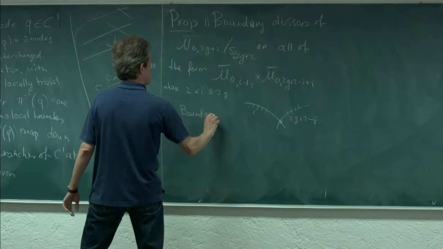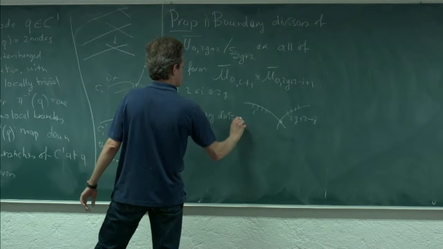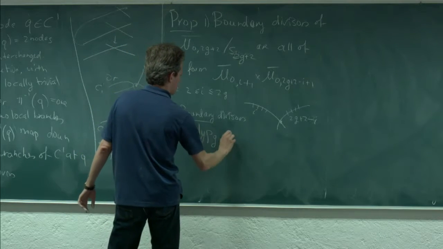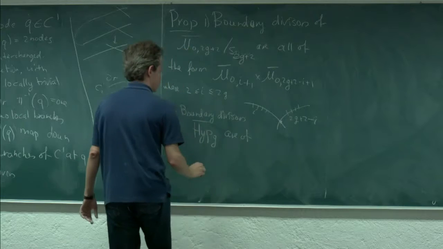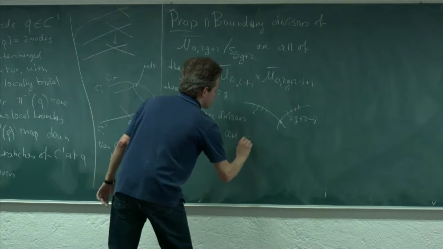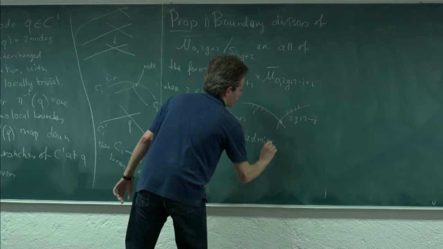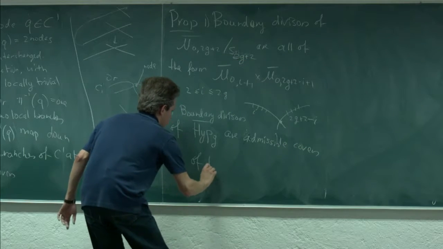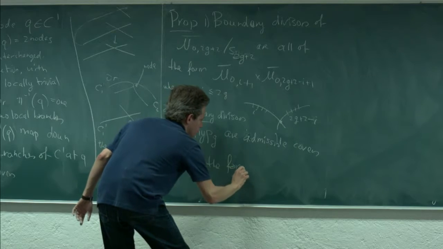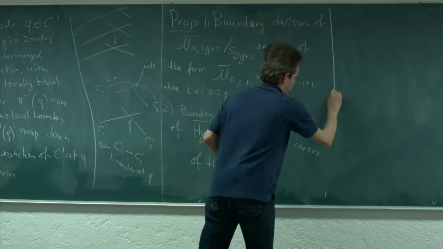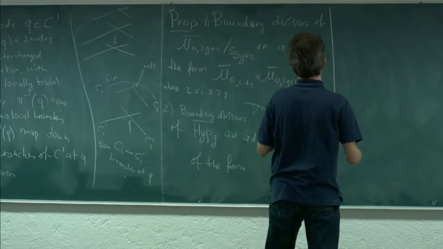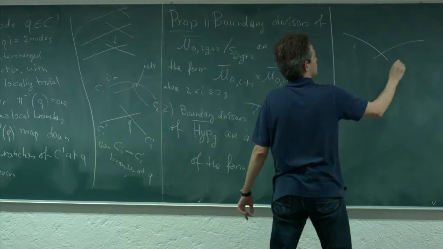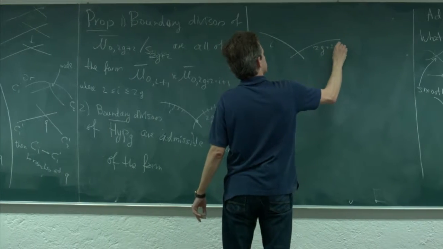boundary divisors of the hyperelliptic locus are of the form, are admissible covers of the following form. So downstairs I have this, and there is i points here and 2g+2 minus i here.